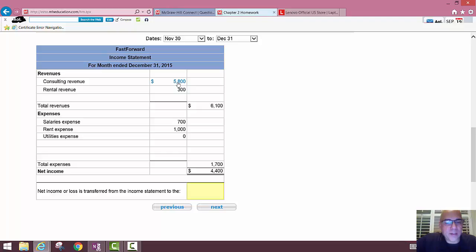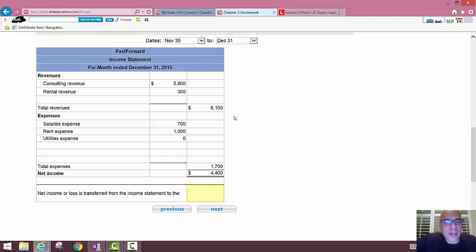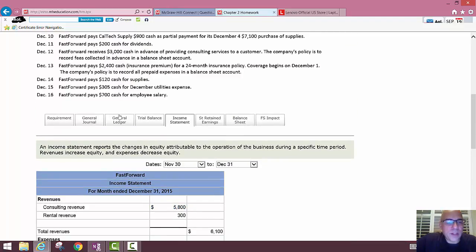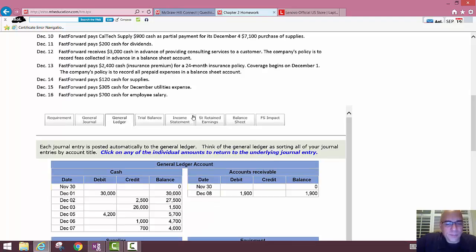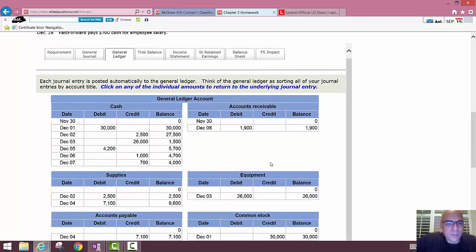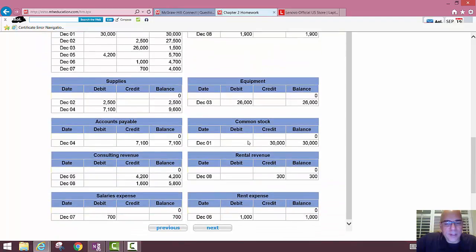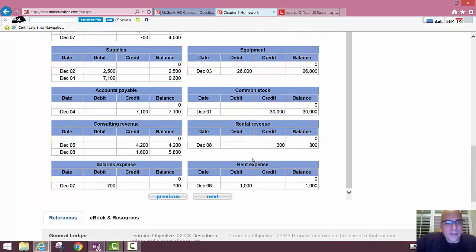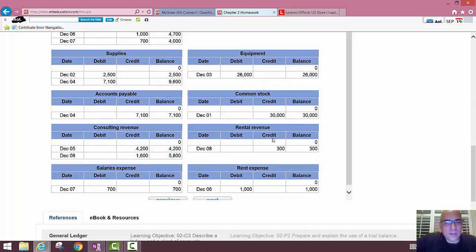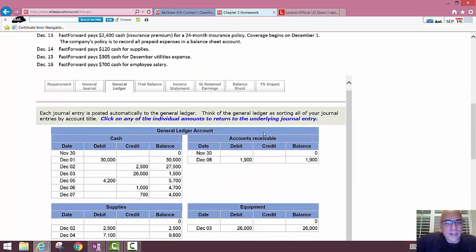Now 5,800, the 1,600 plus what I had in there before. If I look at my ledger, consulting revenue coming down here. There's that 1,600 to bring it up to 5,800. And look at my balance sheet.